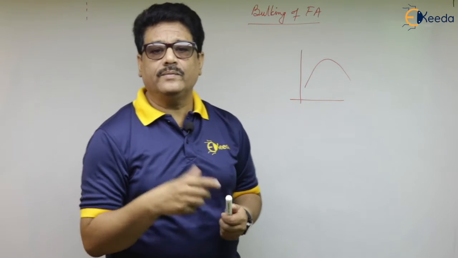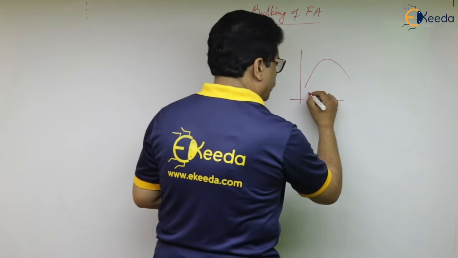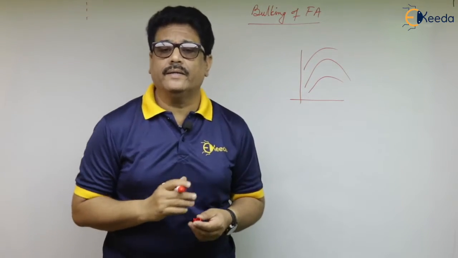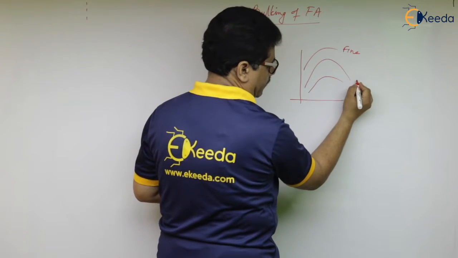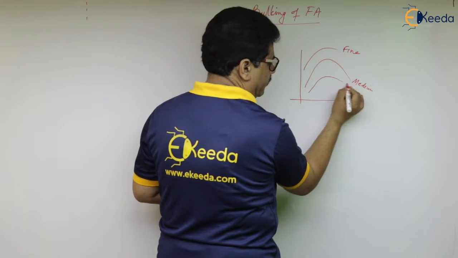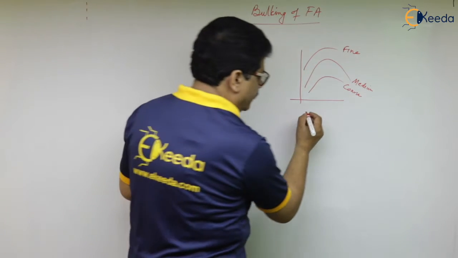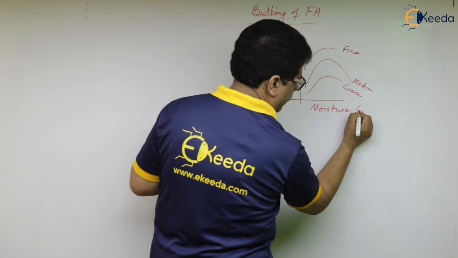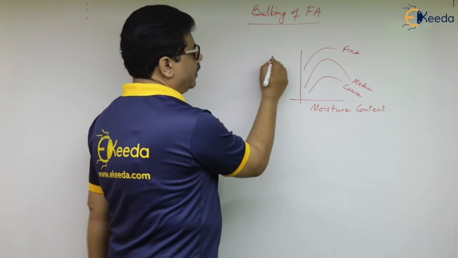Fine sands always have more bulking. So if I have to draw the bulking curves, this will be the curve for fine sand, this will be the curve for medium sand, and this will be the curve for coarse sand. On this axis is the moisture content, and this is the bulking.